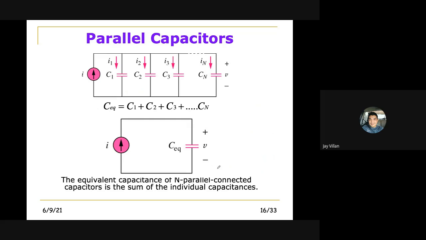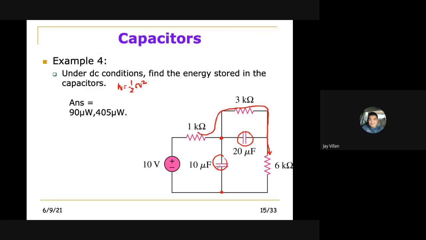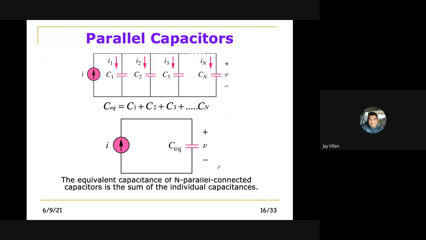So if you notice here, capacitors are also connected as elements in your circuit. They could either be connected in series or in parallel. The equivalent capacitance of capacitors connected in parallel is just the opposite of that of resistors.